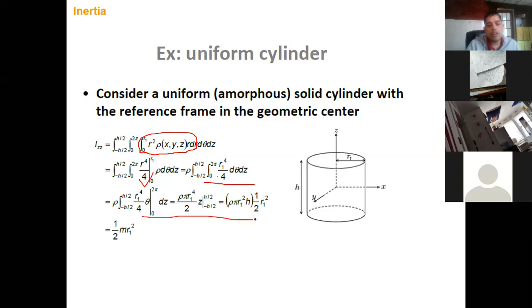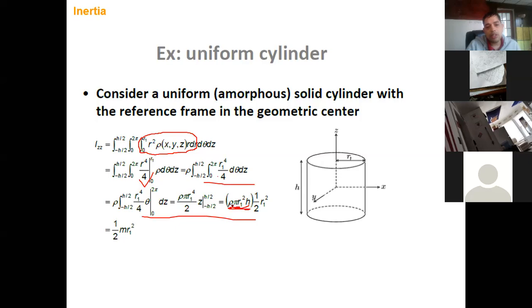If you do that finally, and I plug this in here, one thing I replace here is this guy here. I factor this out because this is the mass of the cylinder, right? Rho times pi r squared h, where pi r squared h is the volume of the cylinder.